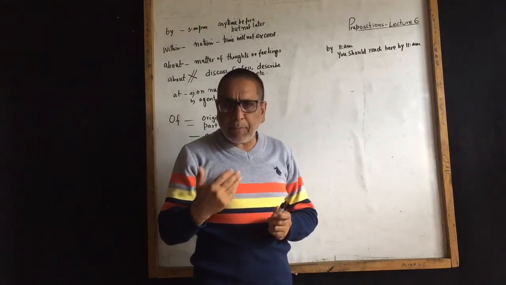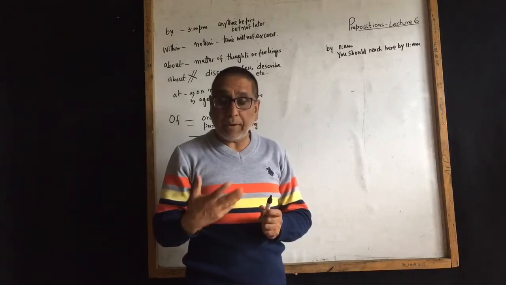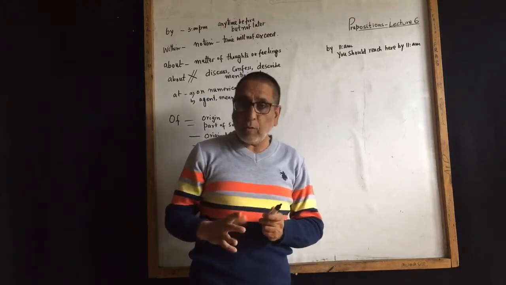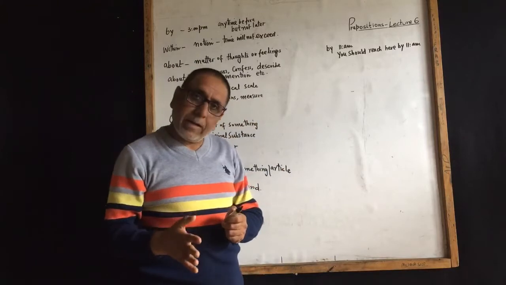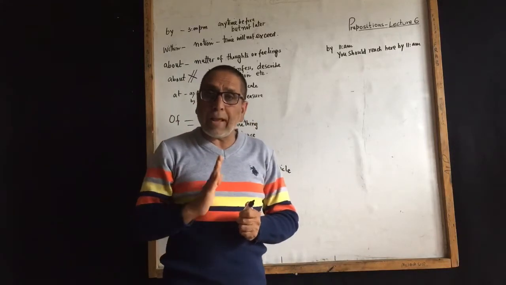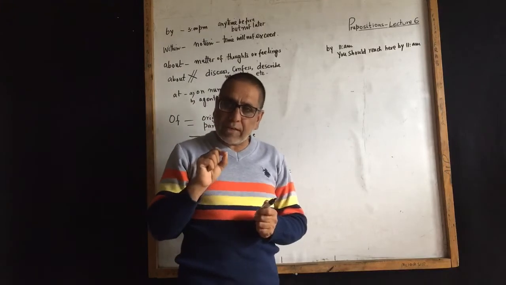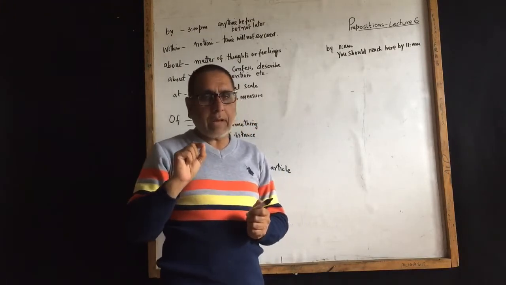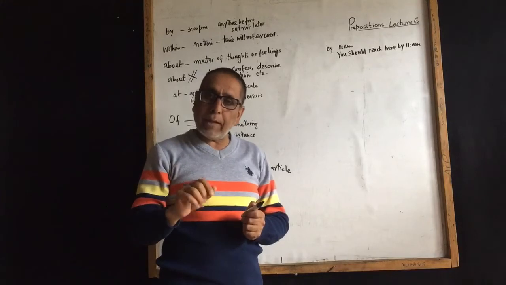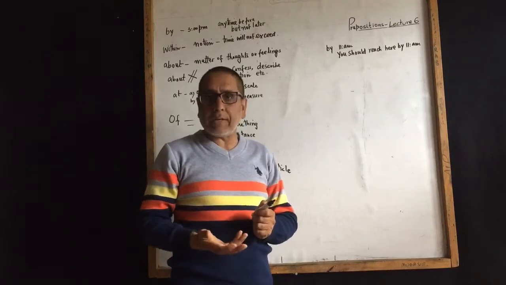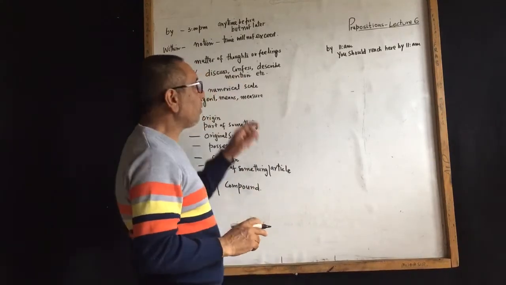You may come at 10:50, you may come at 10:55, you may come at 10:45, you may come exactly at 11, but you should not exceed. So when you use by, you are strictly referring to the time scale where you have to be any time before the stipulated time. Okay, hope this is understood.